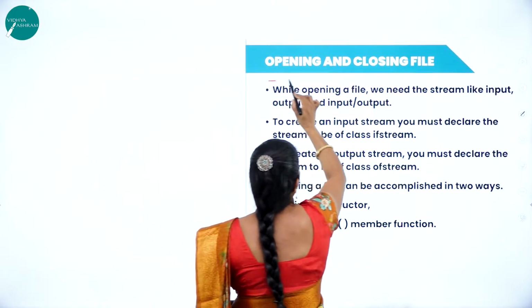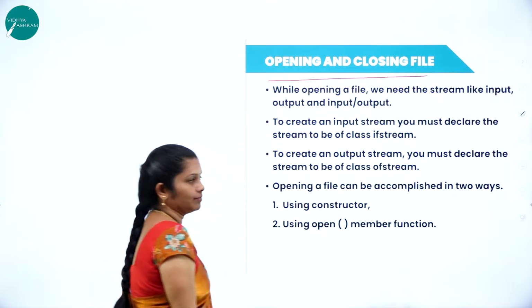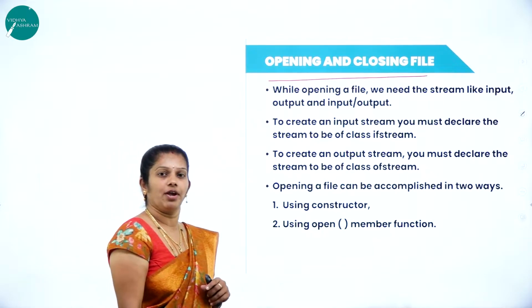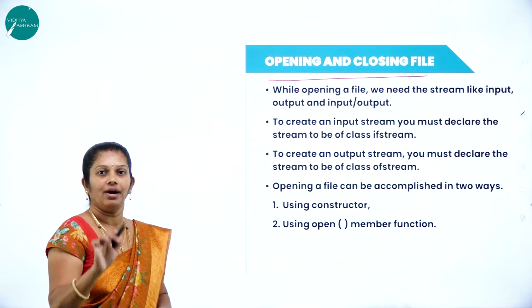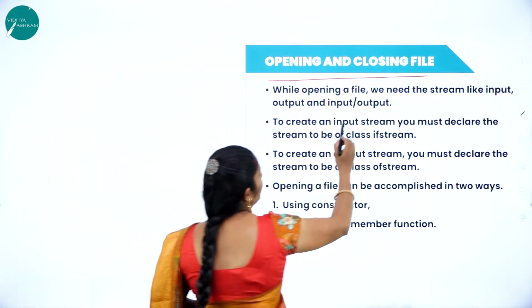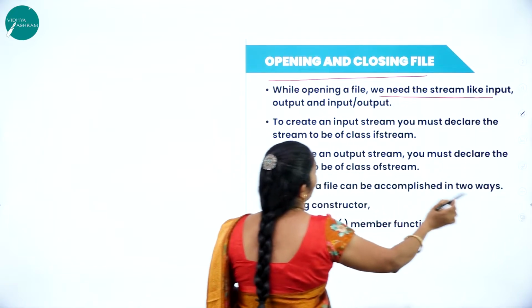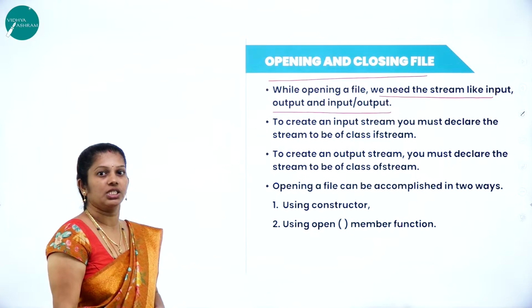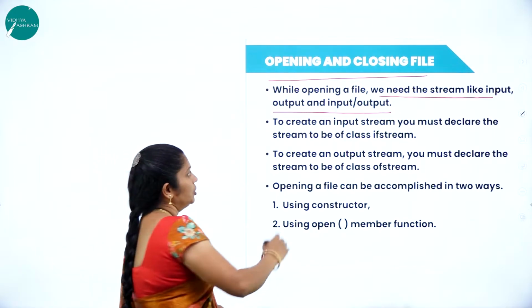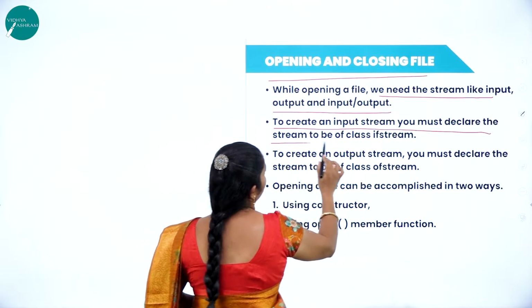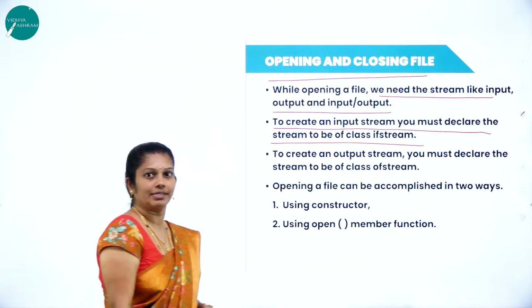First, we'll discuss opening and closing a file. If I want to process or do any operation, the file must be opened, isn't it? Then while opening a file, we need streams, because input and output operations are required here. To create an input stream, you must declare the stream to be of class ifstream.